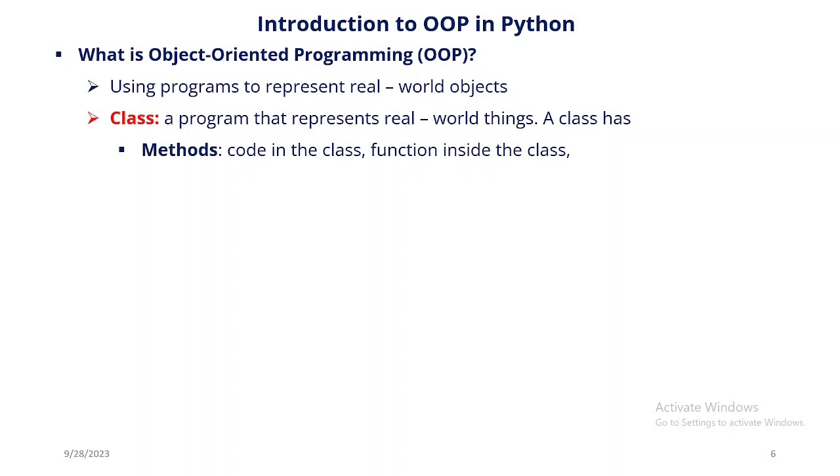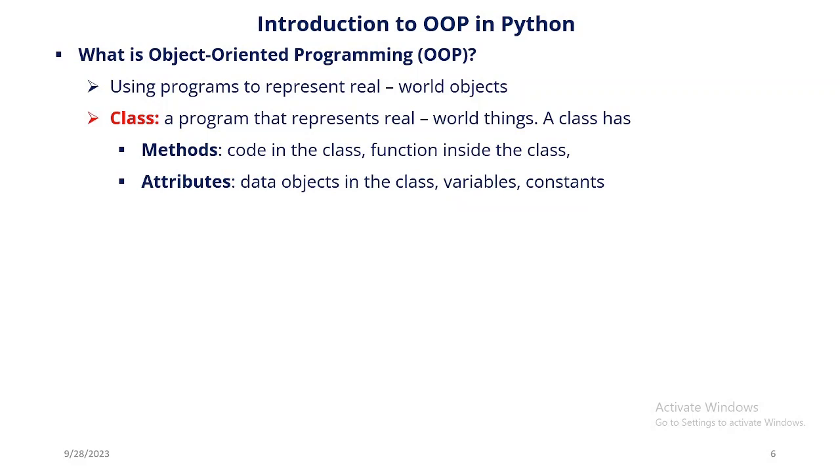Actually, methods are functions inside the class. So every class you create is going to contain methods. We don't call them functions when they are inside a class. Rather, they are referred to as methods.